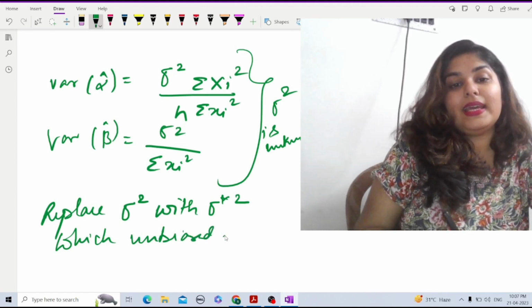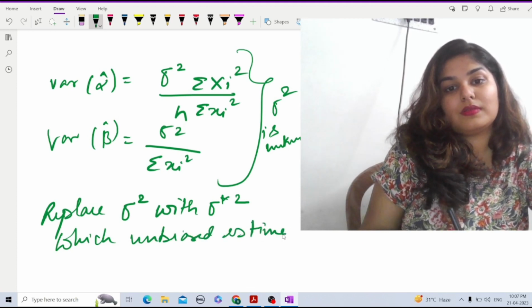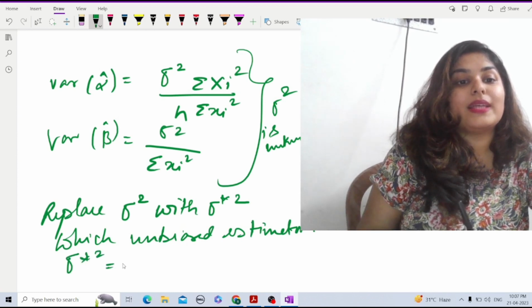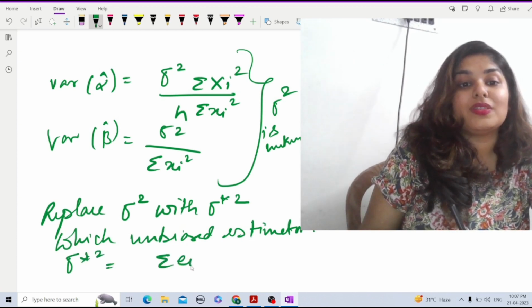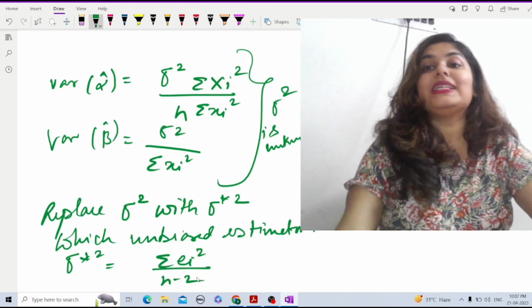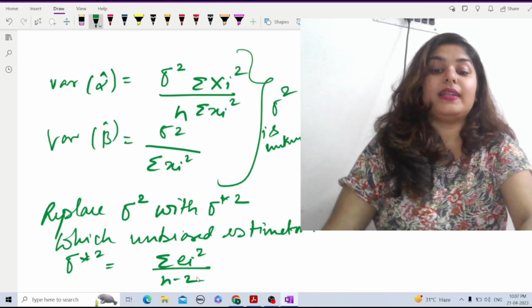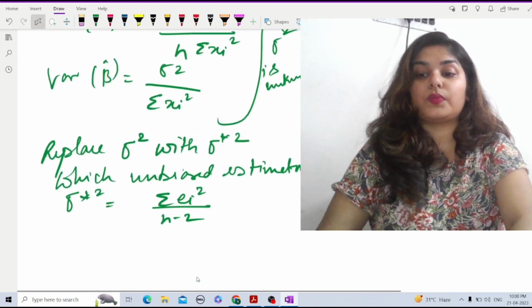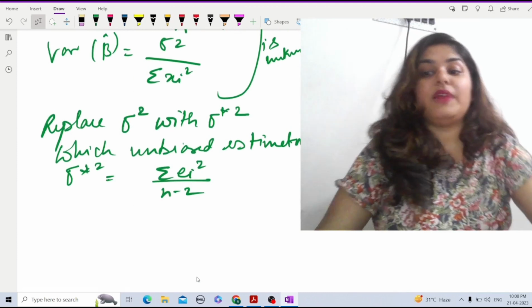The formula for sigma star square is summation ei square divided by n minus 2. That is the unbiased estimator.